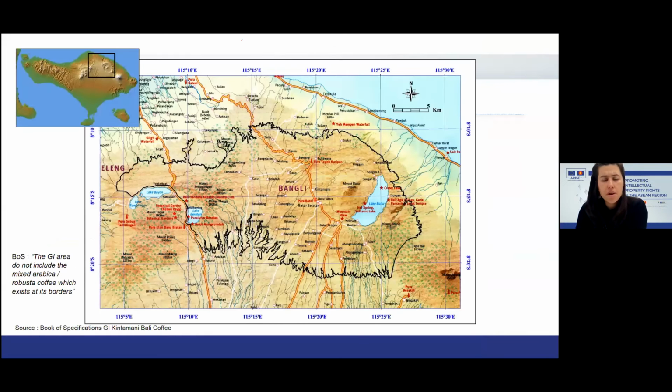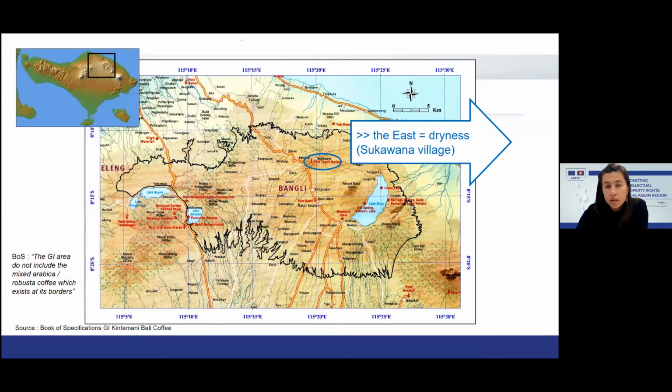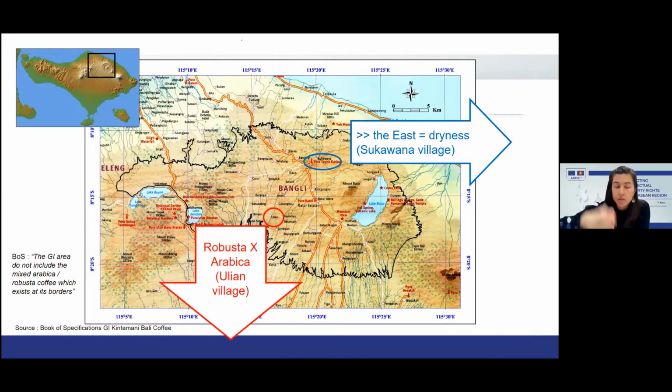So here is the map of the area of production. We can see at the east from Sukawana village and to the east, the dry area that was included in the GI delimitation, and from Ulian village, and then to the south, but mainly to the lower lands, because the slopes are very important.